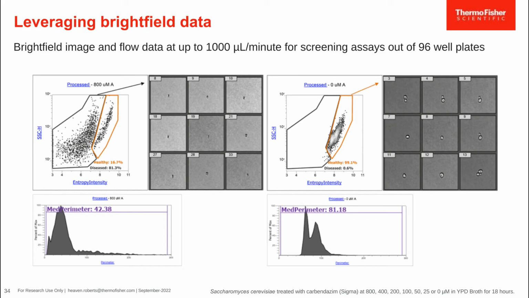And what I noticed is that when I did this extraction, I got a much cleaner separation of my treatments using a combination of these extracted parameters along with traditional flow parameters. So here I've used side scatter and again the entropy intensity, and you can see that my diseased sample, which I'll call it here on the left, these are very shrunken, I presume nearly dead.